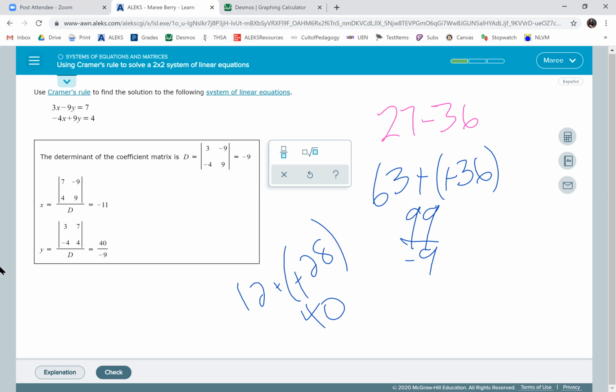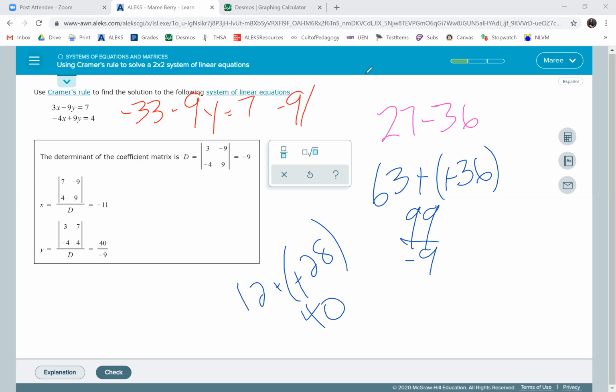Oh, I can check this. Check out how I can check this. Okay, so if x is -11, I'm going to plug it in right here. So if I have 3 times negative 11 is negative 33 minus 9y equals 7. I'm going to add 33.